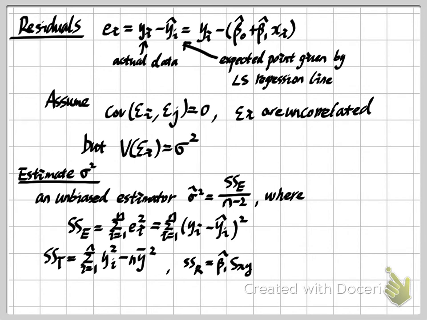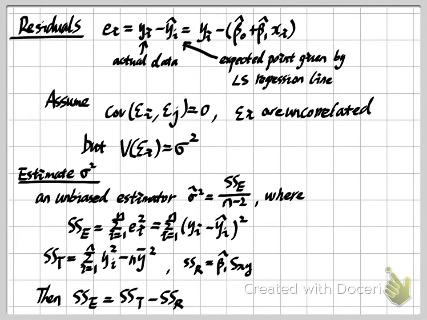And then SSR is a term about beta 1 hat times our S sub xy. Based on the definition of these three terms, SSE, SST, and SSR, we have the relationship that SSE is the difference between our SST and our SSR. Okay, so this is about the equation.